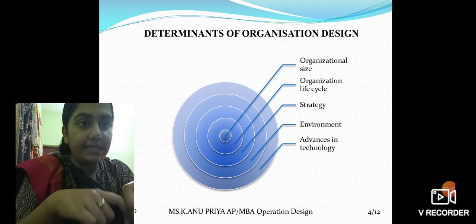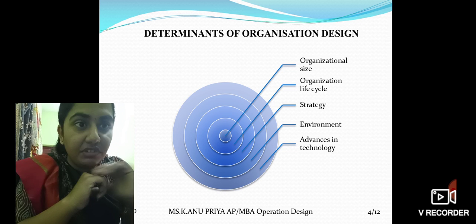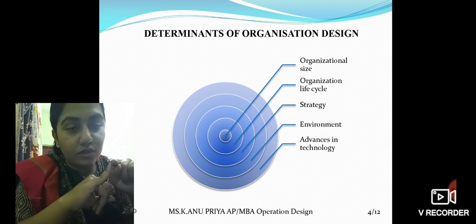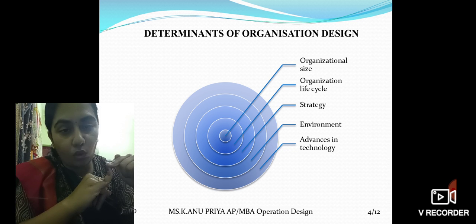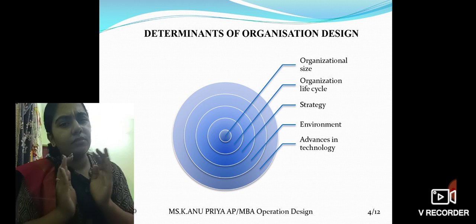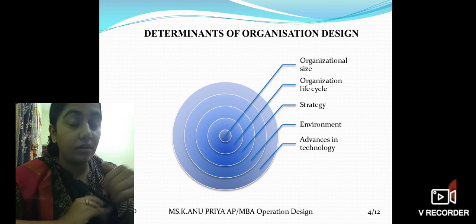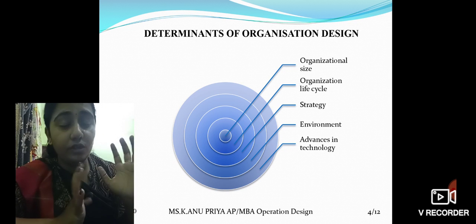Next, determinants of organization design. What are the determinants? First is organization size. The size of an organization may be small, or the biggest one, or somewhere in the middle, neither oriented to the small nor to the big one, a normal size.